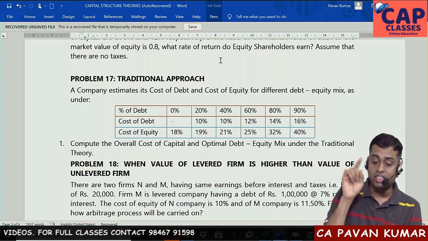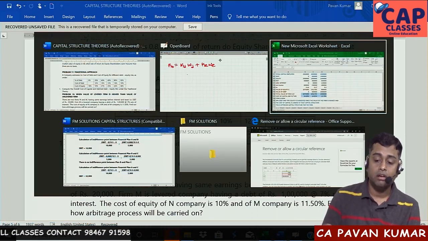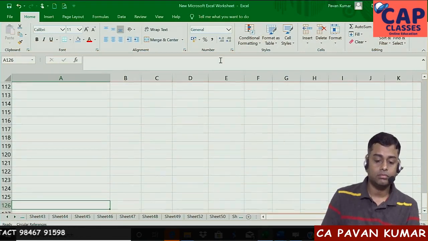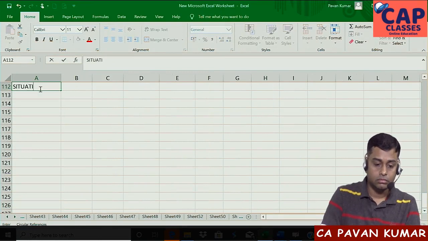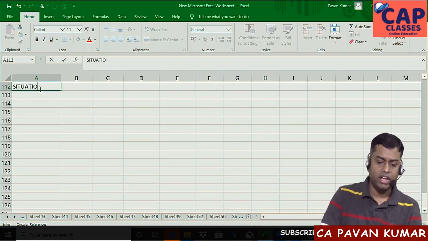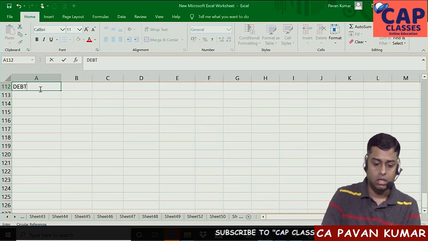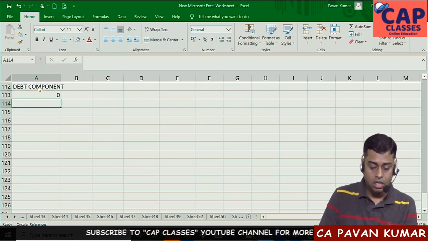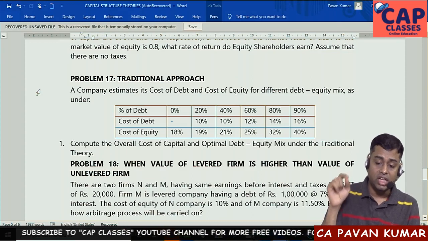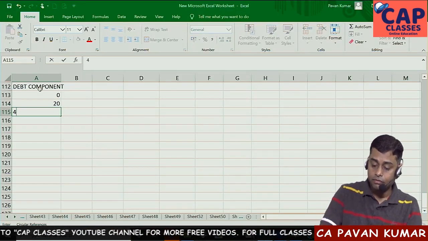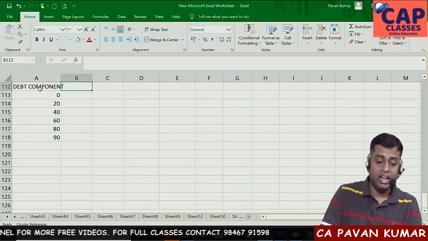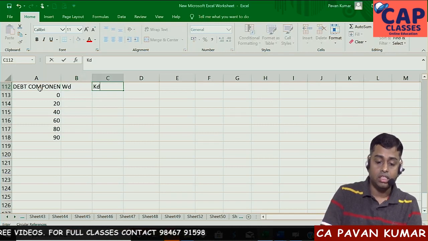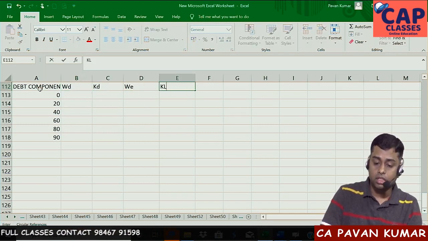So total how many situations are there? 1, 2, 3, 4, 5, 6. So we prepare it like this. Situation, or we can simply write debt component. They have given 0 and then 20, 40, 60, 80, 90. Here I take weight of debt and cost of debt, weight of equity and cost of equity.